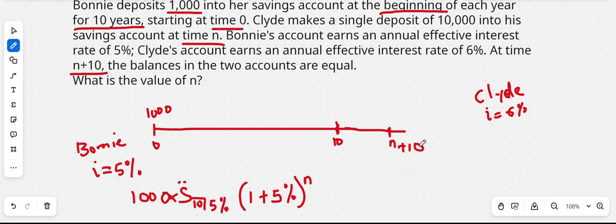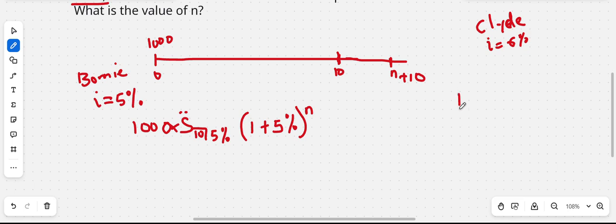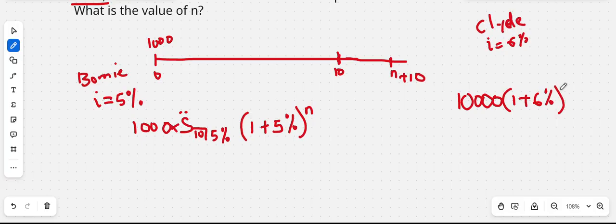So the growth is going to be over 10 years. So the balance in Clyde's account is going to be 10,000 times 1 plus 6% raised to the power of 10.